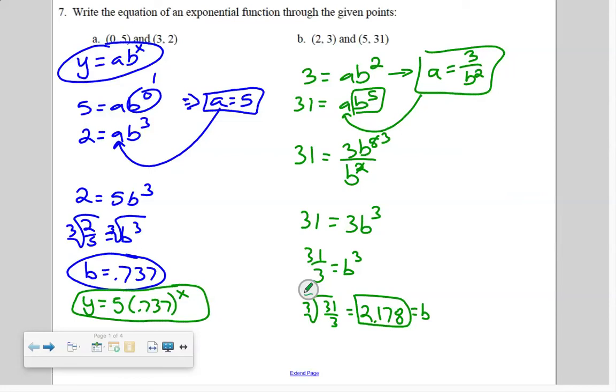We still need the a value, but remember we have a formula for that up top here. So we just take 3 divided by that b value squared. So a equals 3 over 2.178 squared. And we get an a value of 0.632.